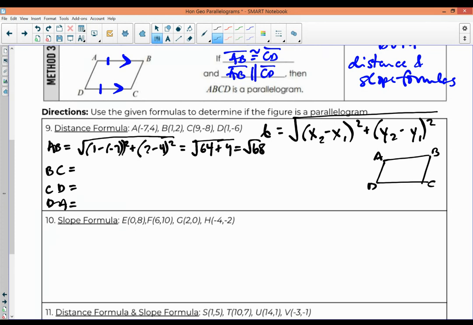Let's see what the measure of, we can even label it here, get that visual. See what the measure of segment BC is. BC, so 9 minus 1 squared plus negative 8 minus 2 squared.